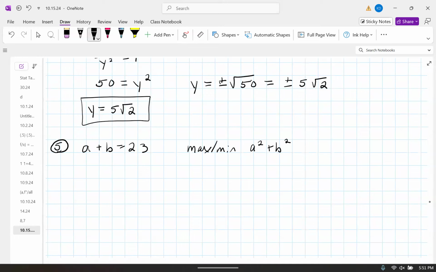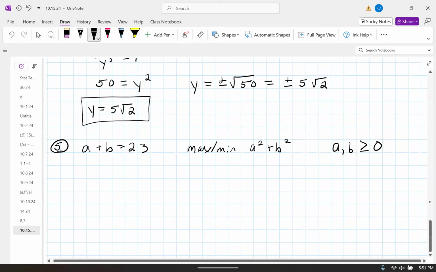All right, so A and B are non-negative. That means they can be zero. So that's what non-negative means. You just can't be negative. Easy to mix up.